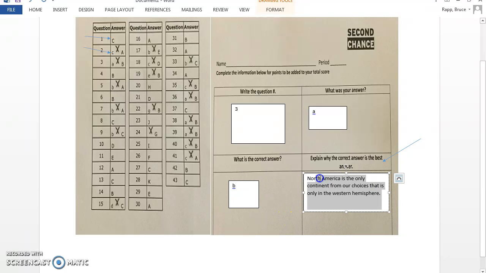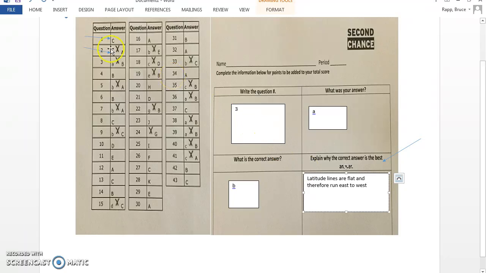And so in this area here, again, when I'm going to explain what the correct answer is, I am going to put that latitude lines are flat, and therefore run east to west.